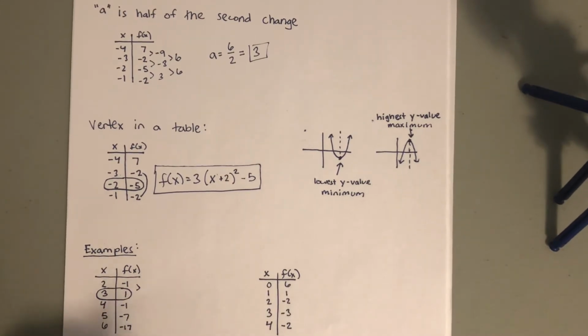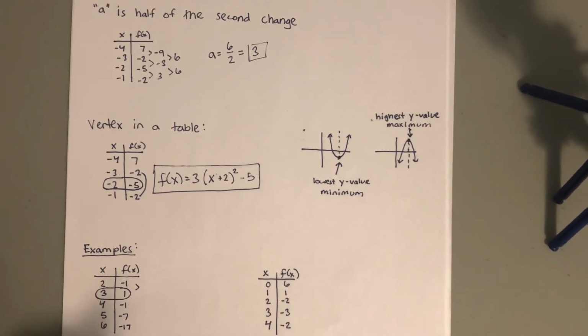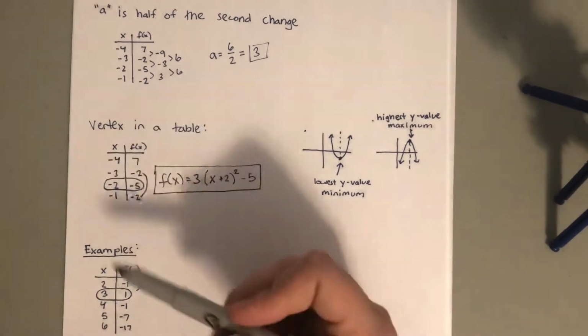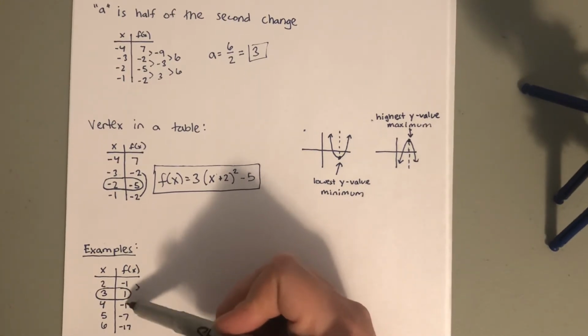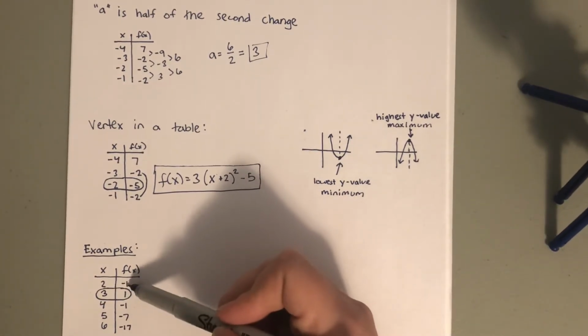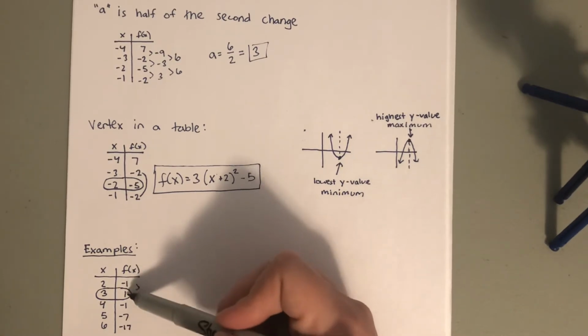A good way to find the vertex is to look for what I call a sandwich within the function. It's like the 1 is sandwiched in between two -1s. The -1s are the bread, and the 1 is the meat of the sandwich.